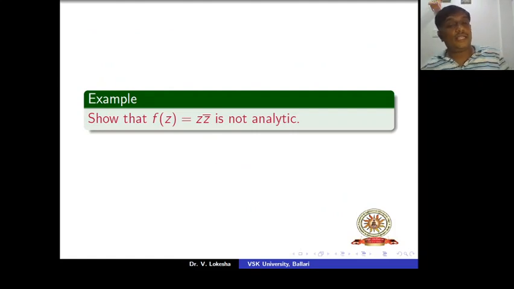Now we will discuss the functions that are not analytic. Here this example shows that the function is not analytic: f(z) = z z̄, or sometimes |z|². |z|² is z into z̄.